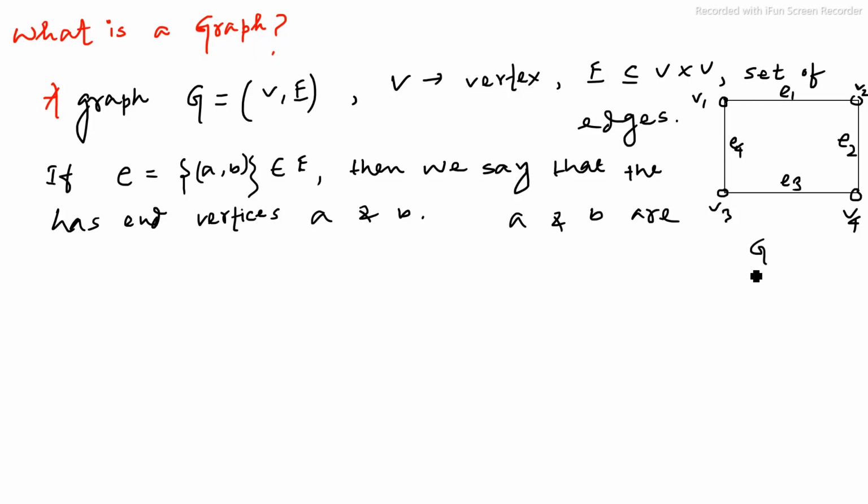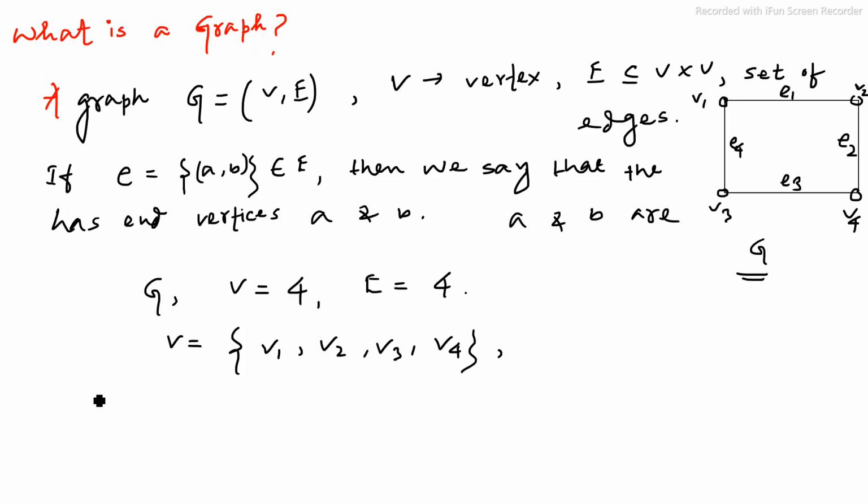This is generally denoted by G. In this graph, the number of vertices is 4 and the number of edges is 4. The vertex set V contains V1, V2, V3, V4 and the edge set E contains E1, E2, E3, E4.